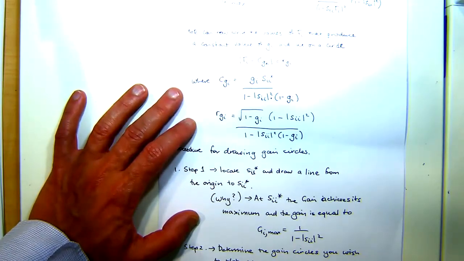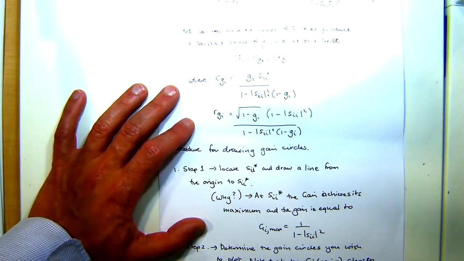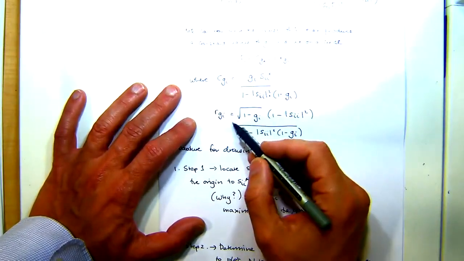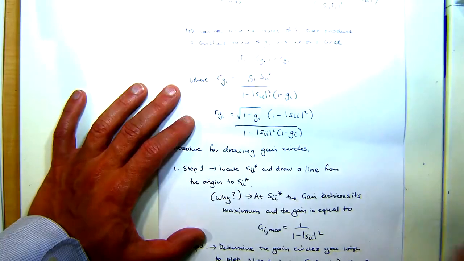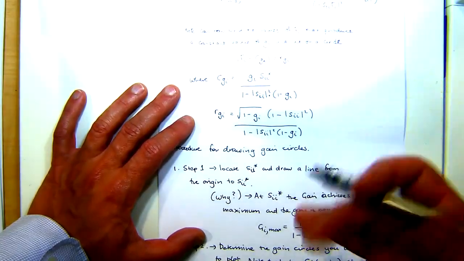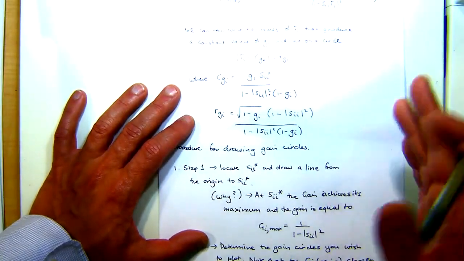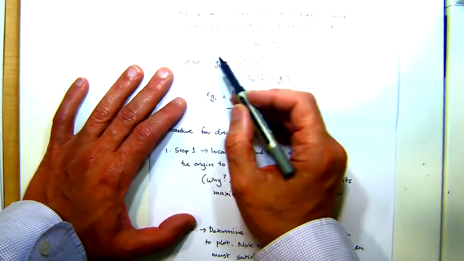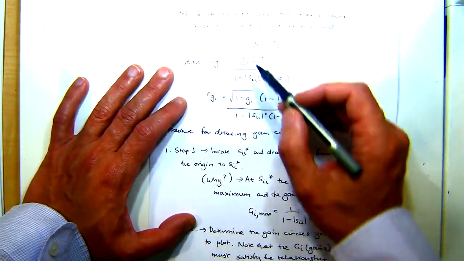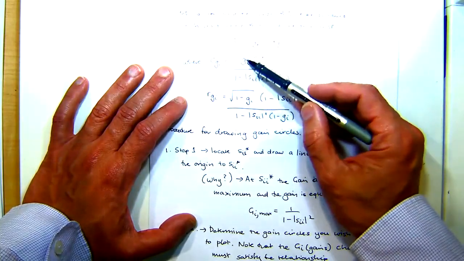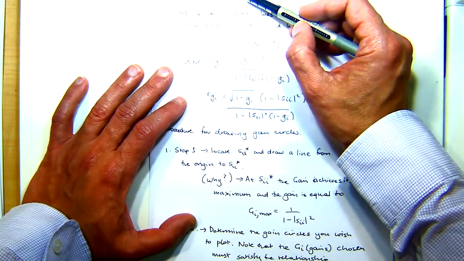I use another book by Gonzalez, but the point is, if you want to see the mathematics behind how to work out the centre and the radius of these gain circles, just refer to Poser or Gonzalez to see how you derive the value of the centre and the value of the radius. And GI is essentially the ratio of the GI that you want to achieve versus the maximum gain.